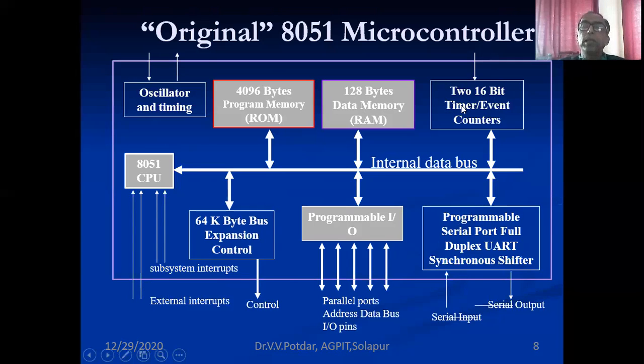Then you have two 16-bit timers or event counters, and the CPU of this 8051, then a control bus, and then programmable input output ports, and a programmable serial port, full duplex UART synchronous shifter. So serial input can be given, serial output can be taken. Parallel ports, address data bus input output pins are provided here, and control can be executed through this port. This is in general the layout of this original 8051 microcontroller.